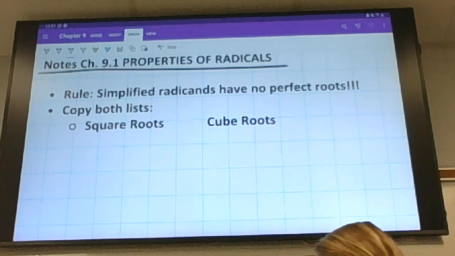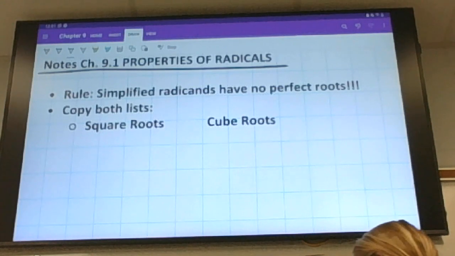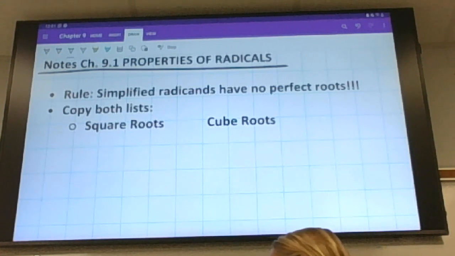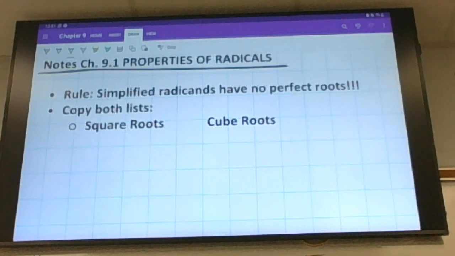The value under the radical is called the radicand. And the little number outside is called the index. And we talked before when we did rational exponents that if there is no index, it's an invisible 2, right? Hope you guys remember that.